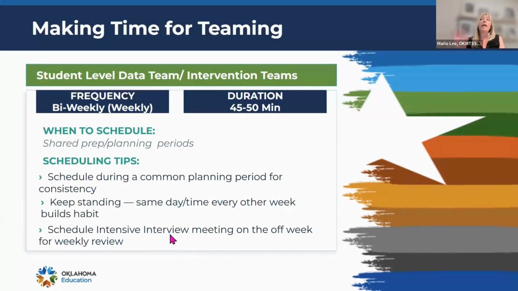Now, let me go back. If you have a lot of students, say a lot of tier 3 students, students with special needs, and you're working with one-to-one interventions, then sometimes it's needed to do your weekly review, but it doesn't have to be the whole team.